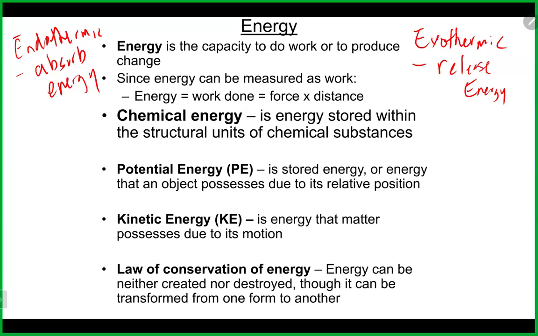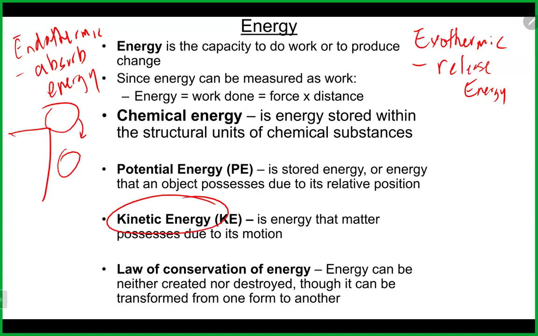Based on its position, it has a certain amount of potential energy associated with it. If it does go over, it will transfer to kinetic energy, which is the energy of matter due to its motion.